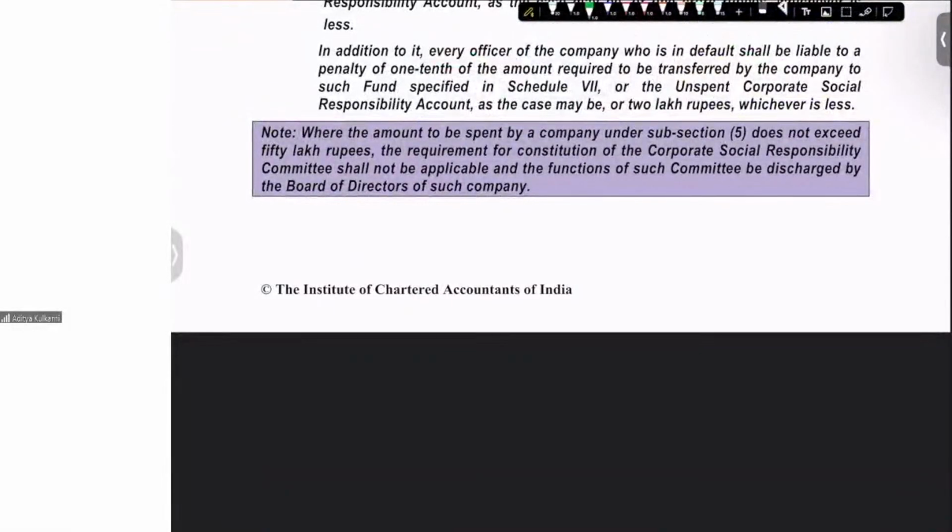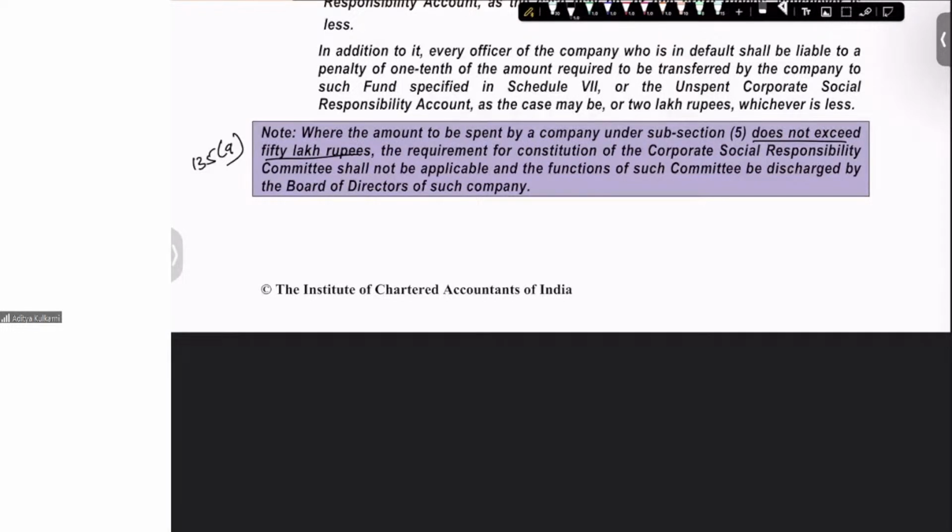Now this particular requirement is also there, where the amount to be spent by a company under subsection 5 does not exceed 50 lakh rupees, then the requirement of a CSR committee is not applicable, and the functions of such committee shall be discharged by the board of directors. This is 135(9). Having a committee means you will incur expenditure for that committee.